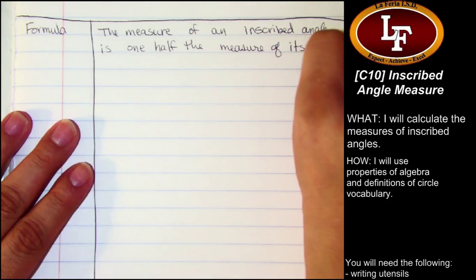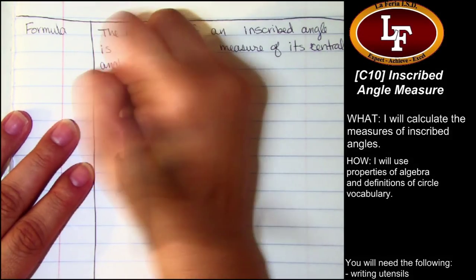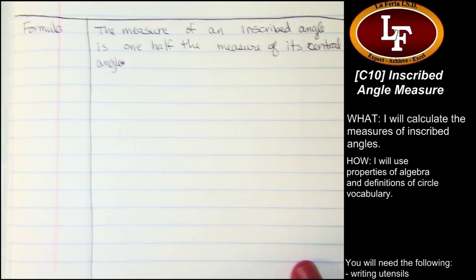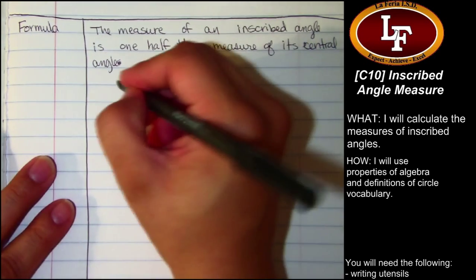That is the central angle that also forms the arc that is formed by the inscribed angle. Let's take a quick look to see what this looks like.